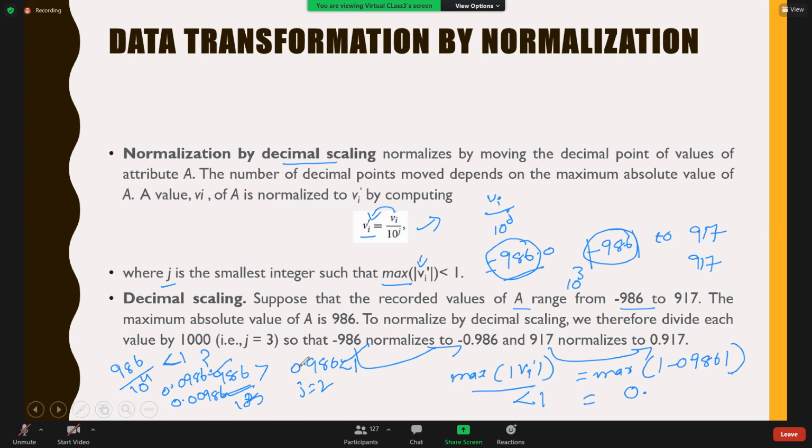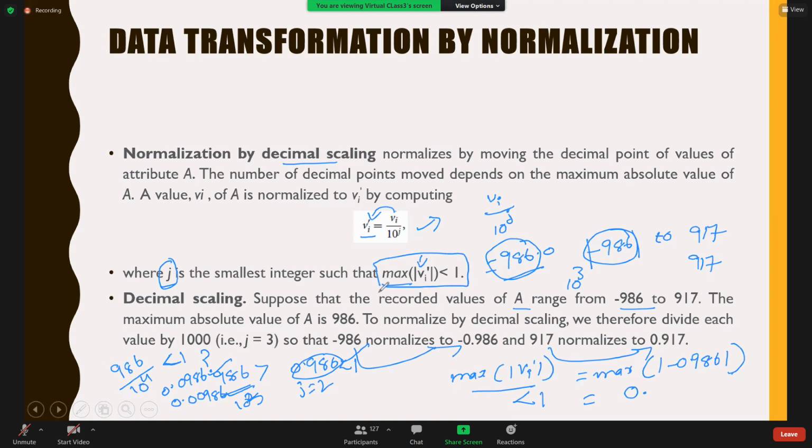The maximum one is 0.986. Have you obtained this by dividing 986 with 10 power 3? So we select j as 3 in our problem, in such a way that this criteria is matched.